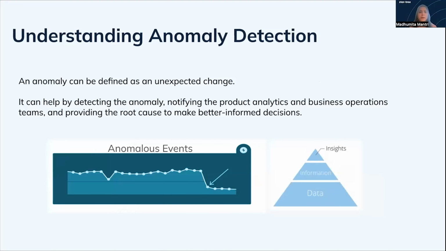So, a little bit about anomaly detection. It's defined as unexpected change. How it can help in this case is notifying the product analytics team or business operations team when something goes wrong, and providing the necessary root cause details or insights can help them take a better informed decision.